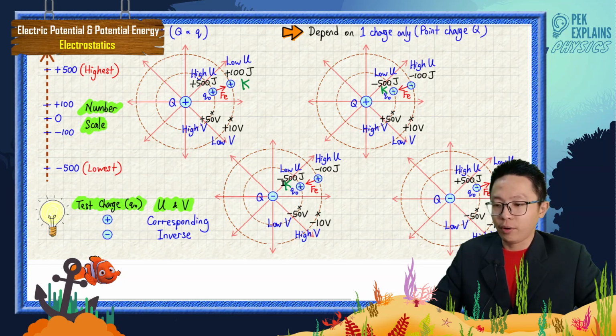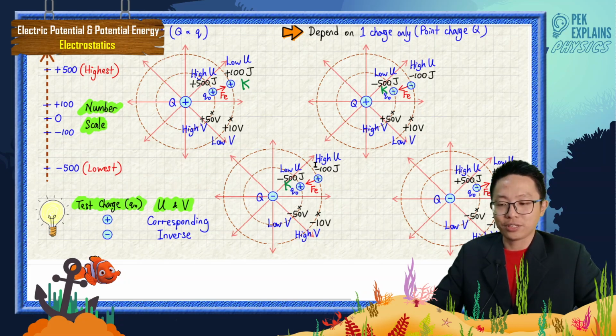When you have a positive test charge, then the U and V correspond. What does corresponding mean? That means if the potential is high, the potential energy is also high, and when the potential is low, the potential energy is also low. Positive test charge: high, high, low, low. Correspond, you see?